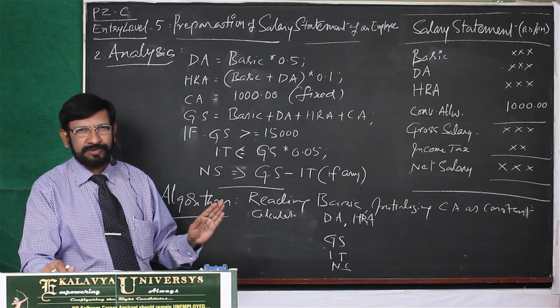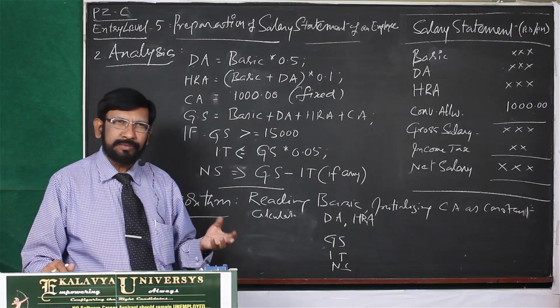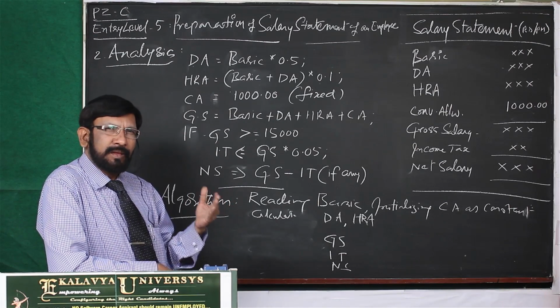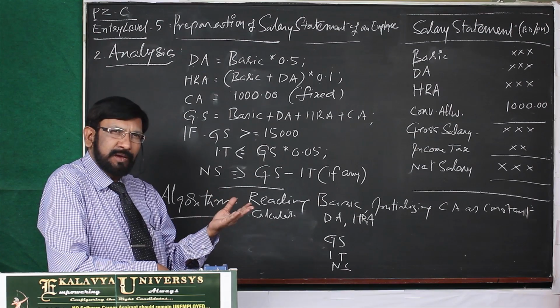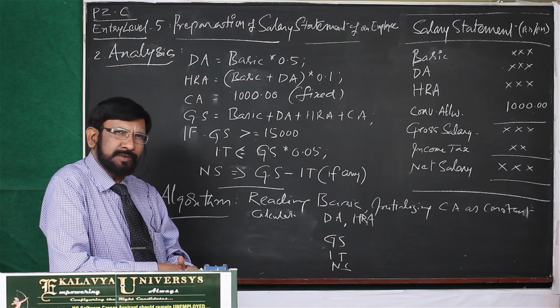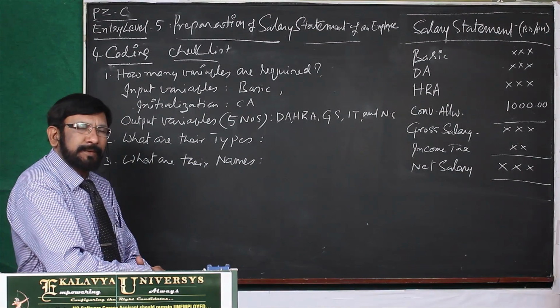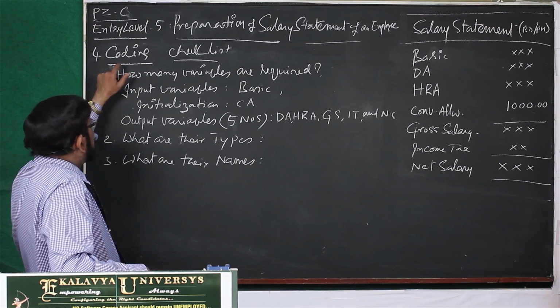That point you have to understand. This is our mental work. Now, in the 4th step, that is coding, language enters. There you should have knowledge of one of the programming languages like C, C++ or Java, etc. The 4th step in the program development process is coding.